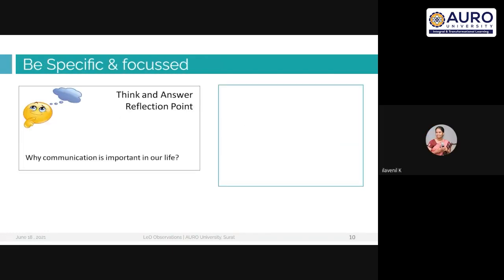We would love to hear your opinions and do a sort of peer assessment. Do you think this is a good reflection spot question?